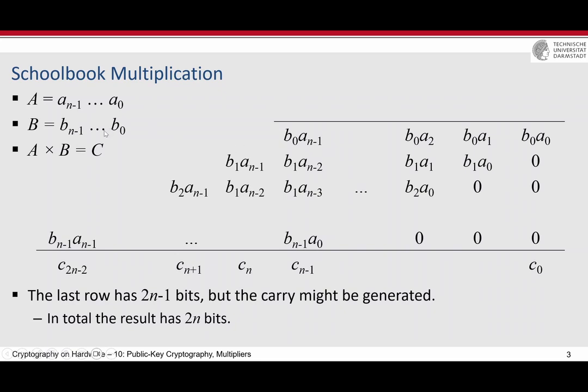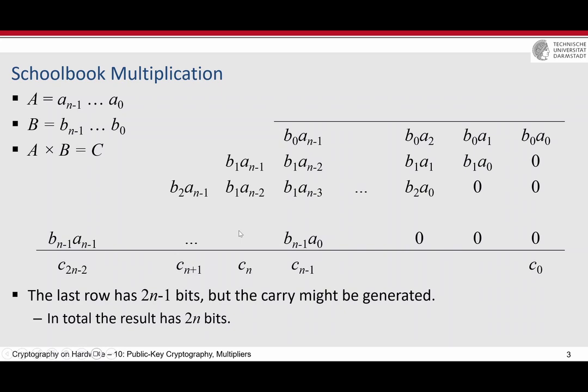Then you take the second bit of B and do the same, but you shift the result one bit to the left. You continue this till you have multiplied the last bit, the MSB of B, to all bits of A, and then write them down like this, so that every row is shifted one bit to the left, and then you sum up. That means you should add the values here.